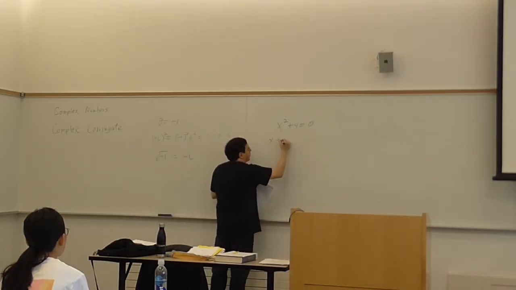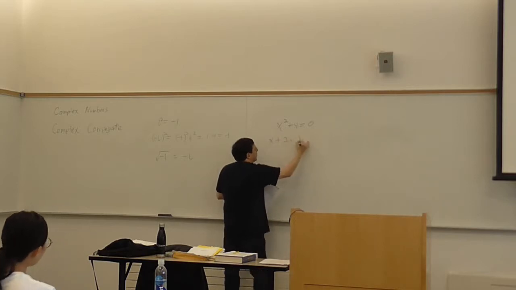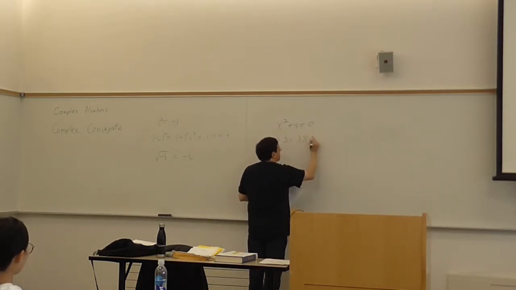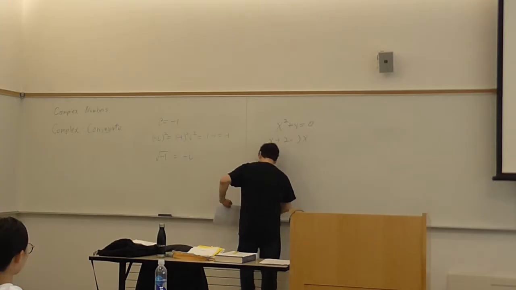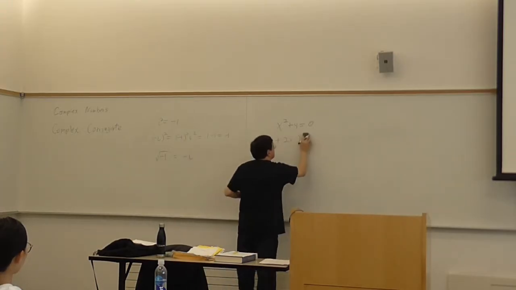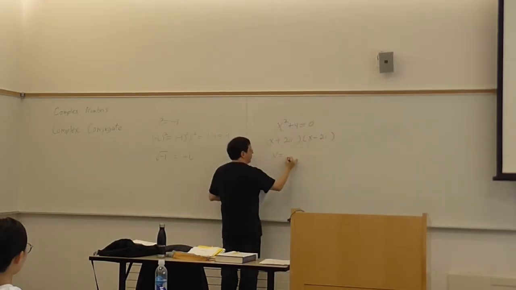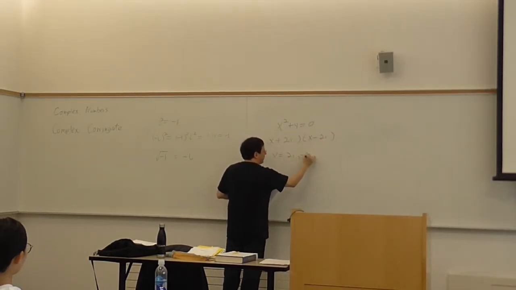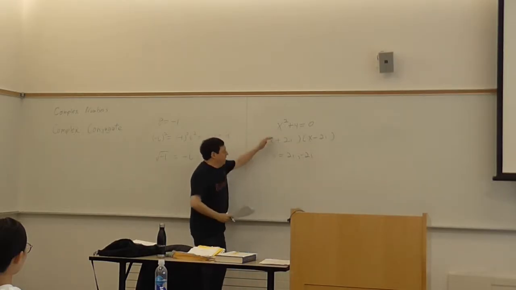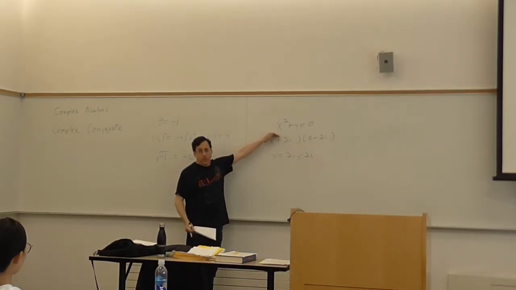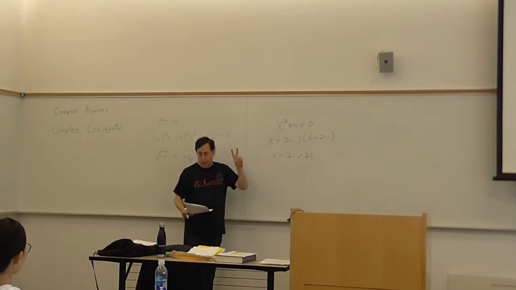This is x plus 2i times x minus 2i. So x is either equal to 2i or negative 2i. That is to say, it's a second degree equation and it has two roots. All right.